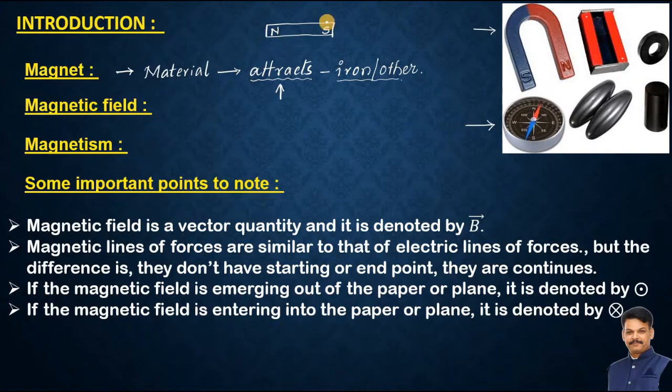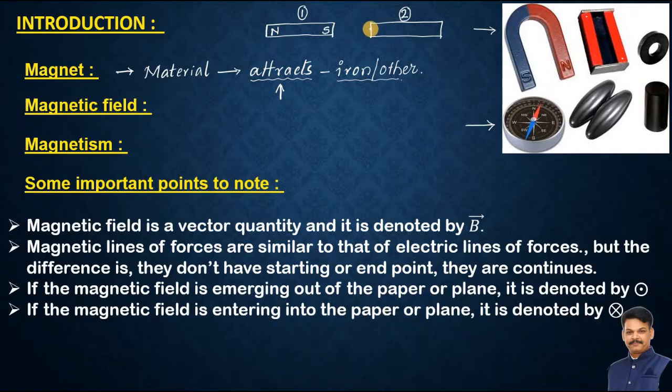Whenever there is interaction between one magnet and another magnet, there may be a force of attraction or a force of repulsion. You know this very well. In later sessions also we are going to recall this once again whenever there is any situation.